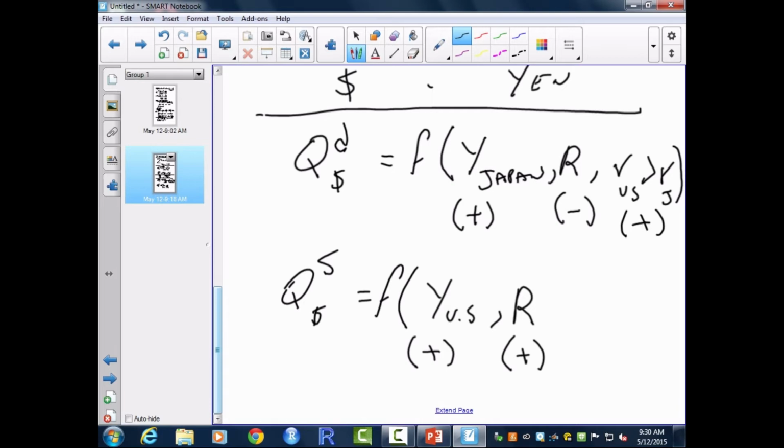In order to buy their goods and services, we have to go to the currency market and convert US dollar into Japanese yen. So supply of dollar in the market will go up. That's why you have a positive relationship between exchange rate and quantity supplied of dollar.